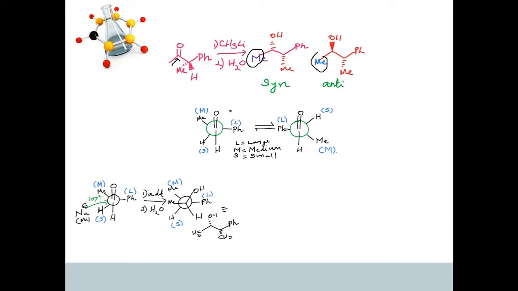This molecule can have two stable conformations, but the most preferred conformation is something different. It can have two stable conformations where the carbonyl group is perpendicular to the phenyl group, but the nucleophile prefers to attack using this particular conformation, and when it does, we end up with a syn product.